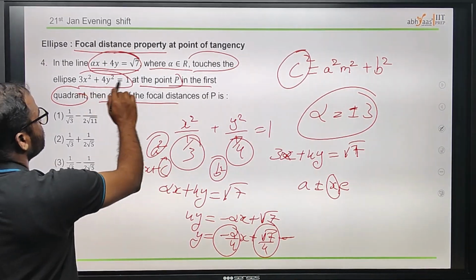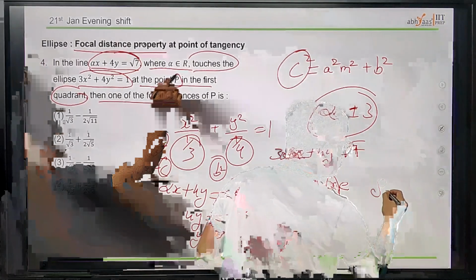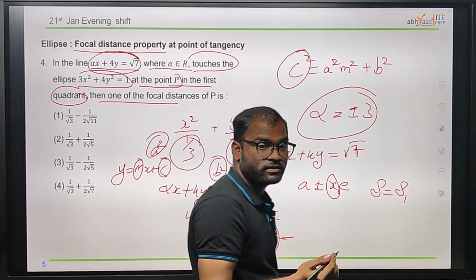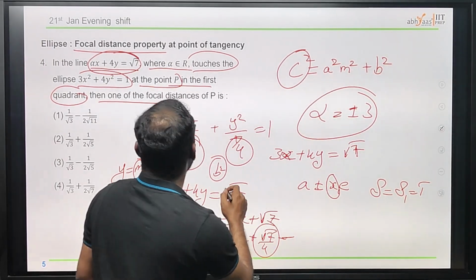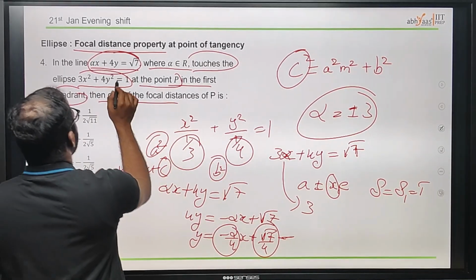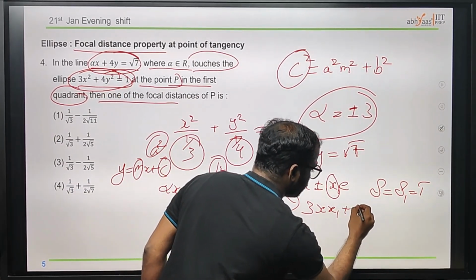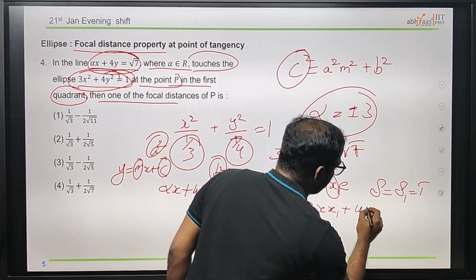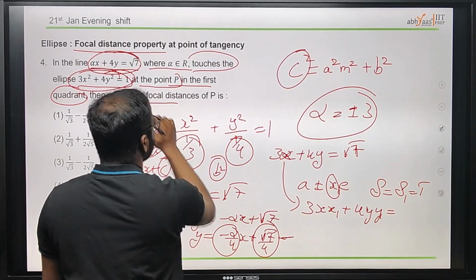See here, in the line they said s is equal to s1. Either we take s1 or we can take it as T also. We make it like this one, the ellipse equation: 3x x1 plus 4y y1 is equal to 1.